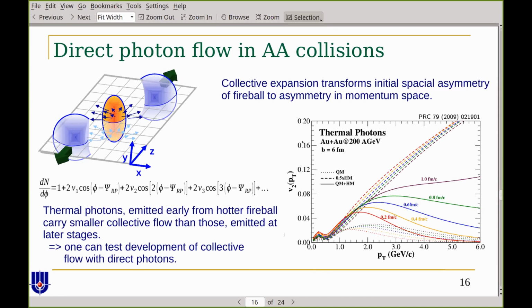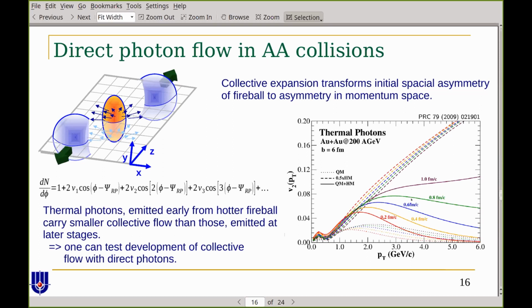So as you can imagine, as direct photons are emitted in all stages of the collision, and the direct photon yield is proportional to the temperature to the fourth power, one can expect that mostly direct photons will be emitted at the very first stages of the collision, when collective flow is not yet developed.